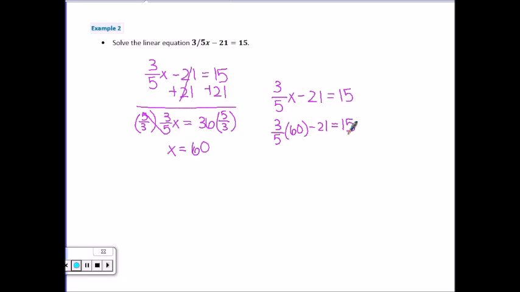And then when you do out all this algebra, you get 15 on the left-hand side, and you get 15 on the right-hand side. So that way we can tell that the answer we found, x equals 60, actually does work for this equation.